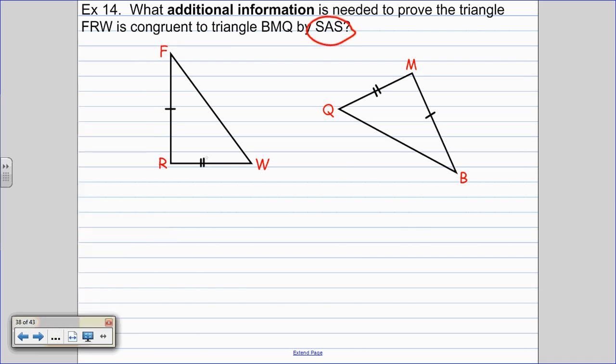When I look at the two sides, FR and RW, the angle in between them is angle R right here. When I look at the other triangle, the sides are QM and MB, so the angle in between them would be M. So we would need to know that angle R is congruent to angle M in order to prove it congruent with side, angle, side.